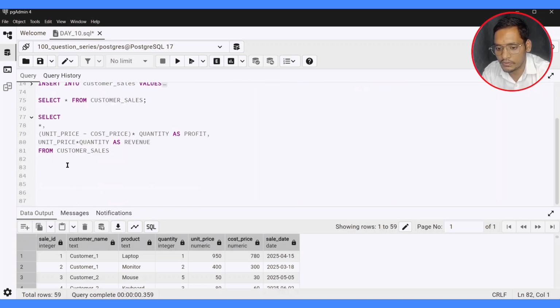That's why we are going to use a filter, WHERE sales date should be greater than or equal to current date minus interval 6 months.